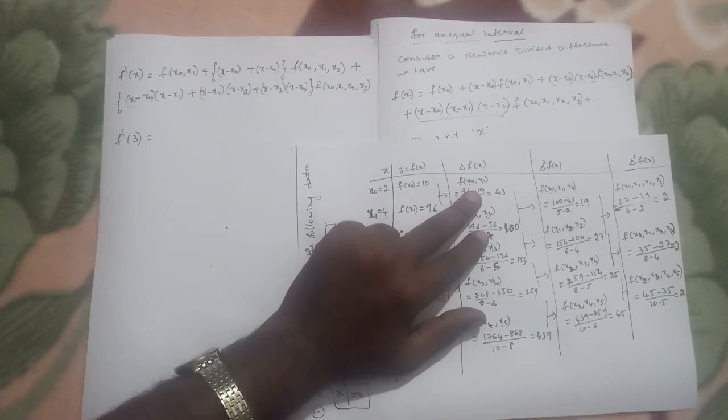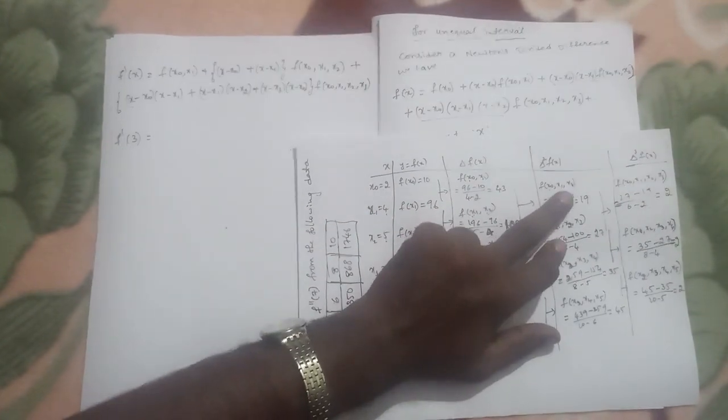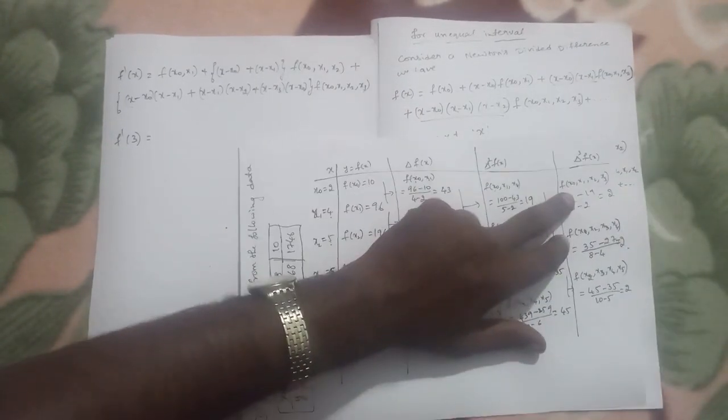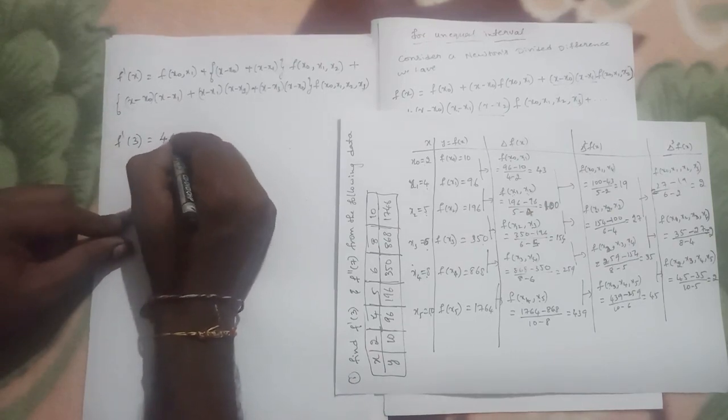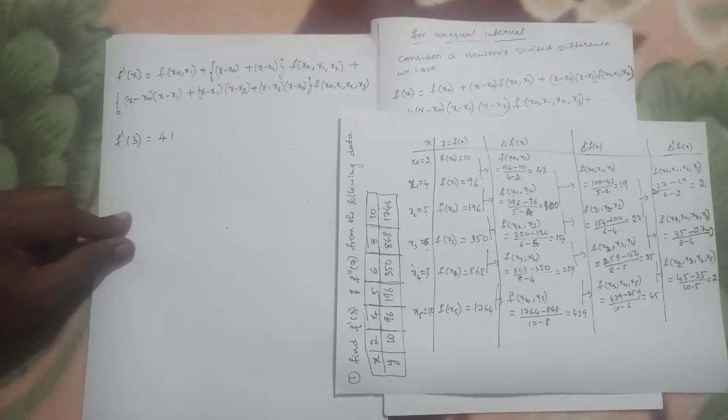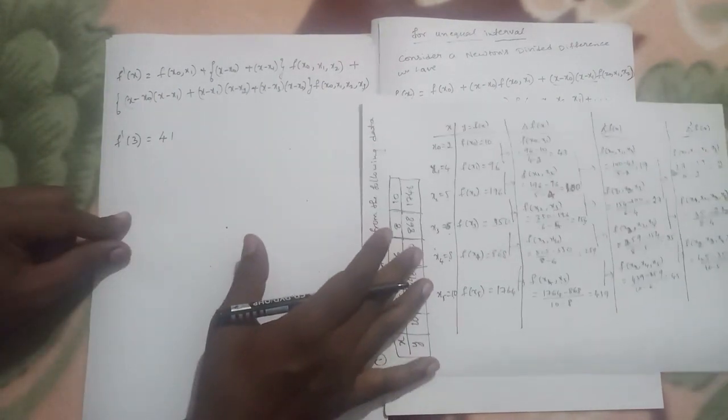And here you know that f of x0 comma x1 value, f of x0 x1 x2 value, f of x0 x1 x2 x3 values. So substitute those values. After some simplification you will get f dash of 3 is equal to 41.